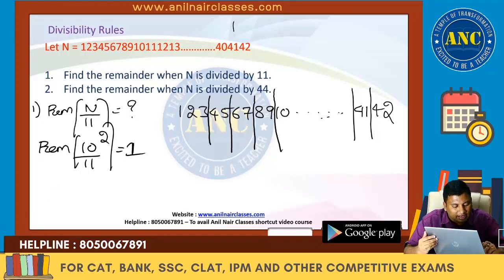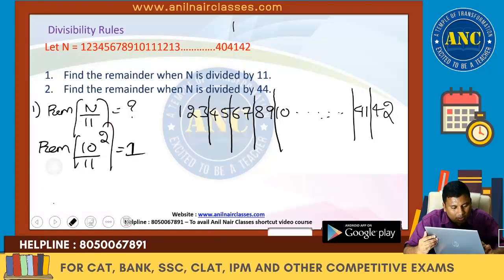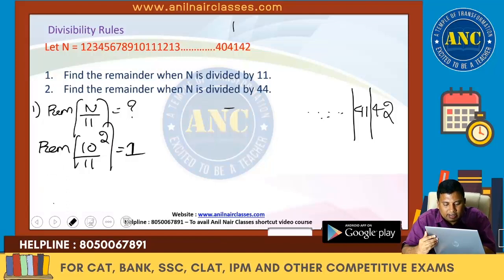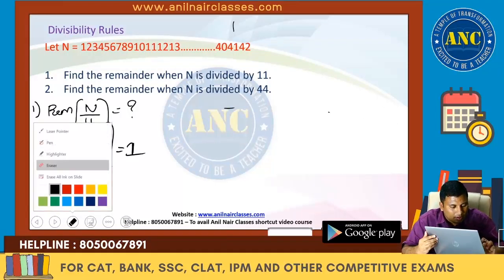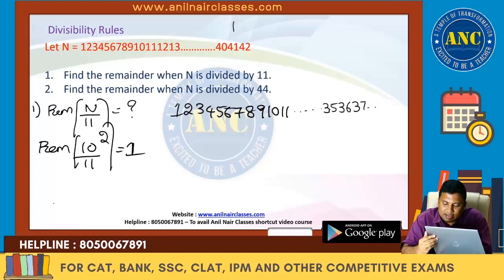Or I will write it like this: 1, 2, 3, 4, 5, 6, 7, 8, 9, 10, 11 and so on up to 42, 35, 36, 37 and so on up to 41, 42.